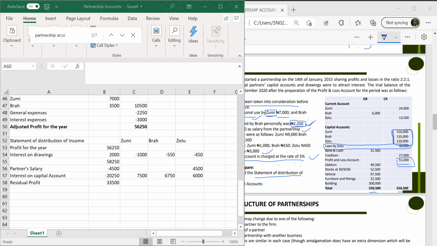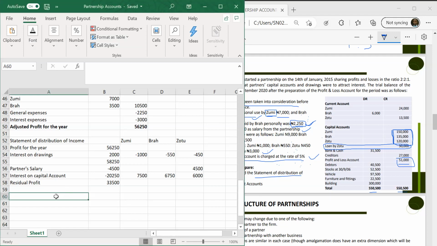So what is the ratio that we are going to use? 2:1. Okay, thank you. The first person will be 2, this other guy will be 2, and this other guy will be 1, right?